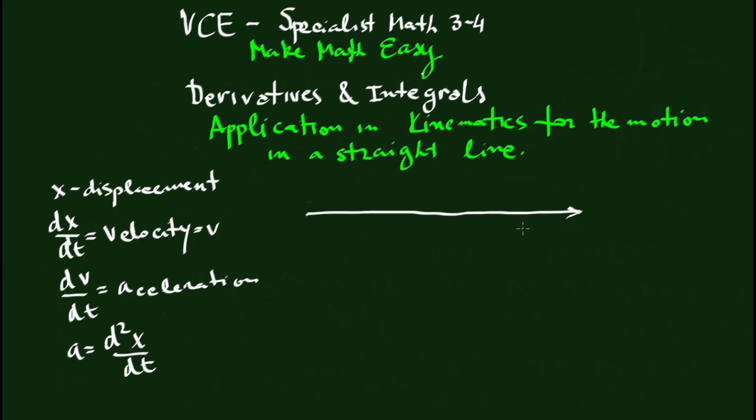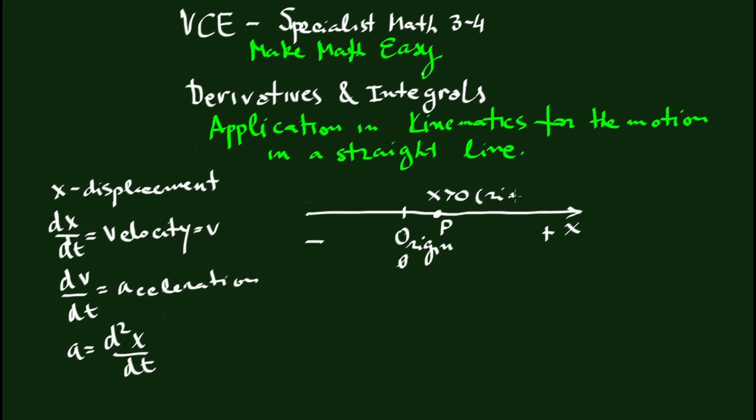So here is our O for the origin, or 0. From this side we have positive numbers and here the negative numbers. So if x is greater than 0, that means that, say this is a point called P, a particle or whatever is located to the right of the origin.